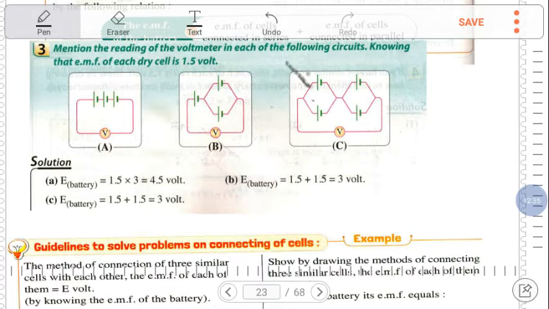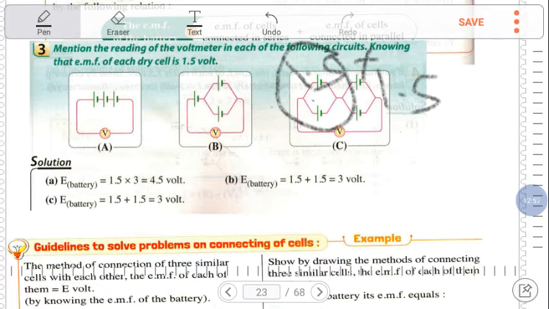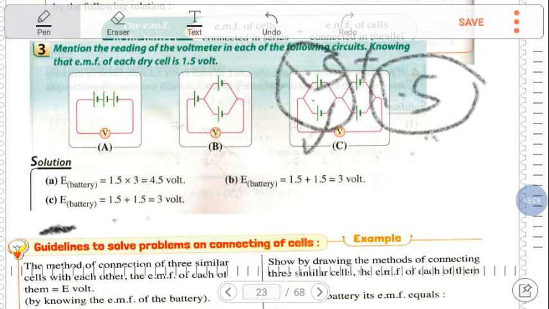The first pair in parallel is in series with the other pair. So the summation is 1.5 for the first parallel pair and 1.5 for the second parallel pair in the series connection, which equals 3 volt.